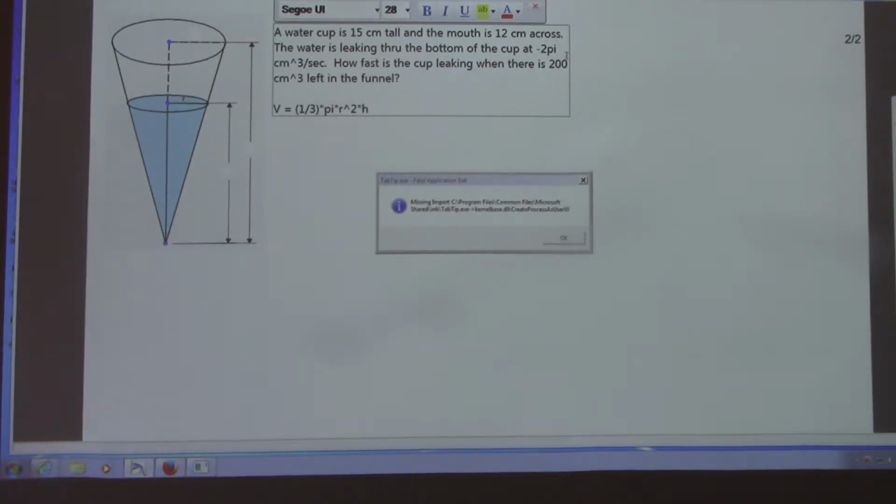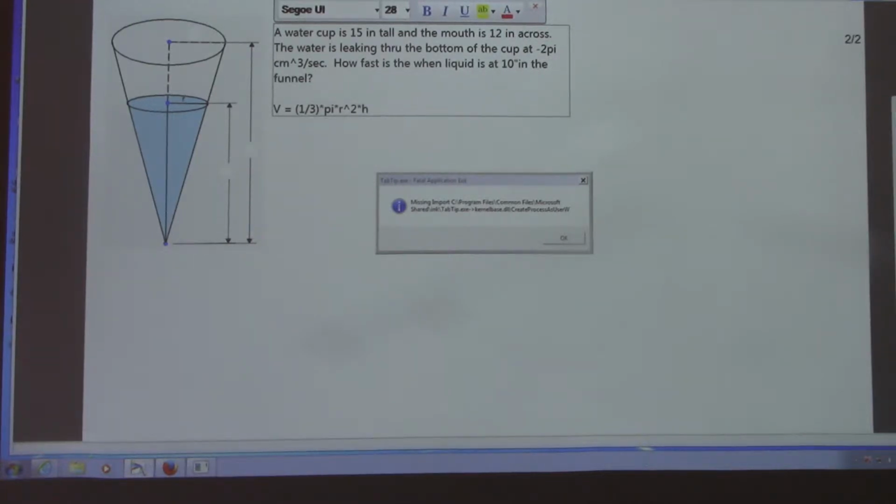And this one is asking how fast is the depth decreasing when the water is at 10 inches? Okay, this is in inches, I'm sorry. Inches everywhere. Changing these as I go.